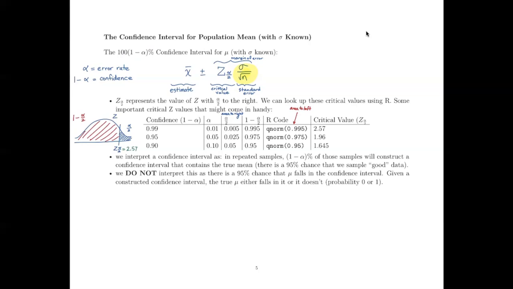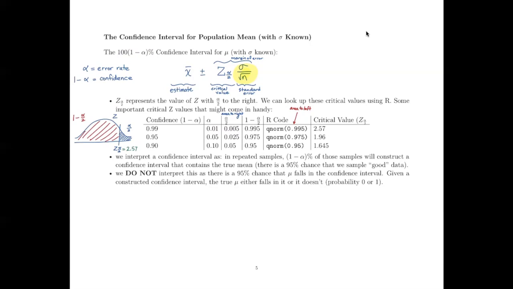What we have to be careful of is when we do just one sample and construct one confidence interval. Once we've constructed it and we've gotten actual values, we don't say that there's a 95% chance that mu falls in there, because once it's already been constructed, mu is either going to be in there or it's not, right?